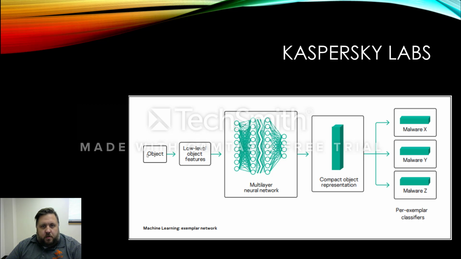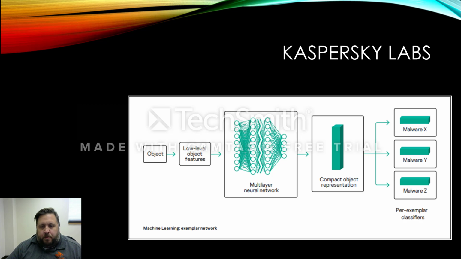So they bring the object in, which is the program. They pull out all the low-level features. They analyze it. They're getting all this metadata and everything. They feed all that information into what's called a multi-layer neural network. It's kind of like a brain. So what it does is it looks for shortcuts and everything in the data and tries to memorize where things go to make a determination of what it is.